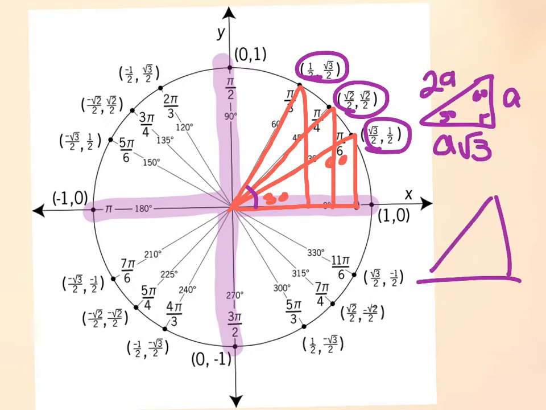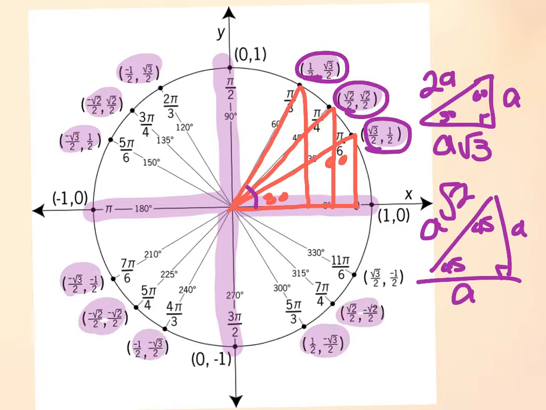And then a 45, 45, 90 triangle is A, A, and A root 2. If we took and filled in those hypotenuses as the ones and then found all the other side lengths and used SOHCAHTOA to find sine and cosine, those points are what form these points around the unit circle, okay?